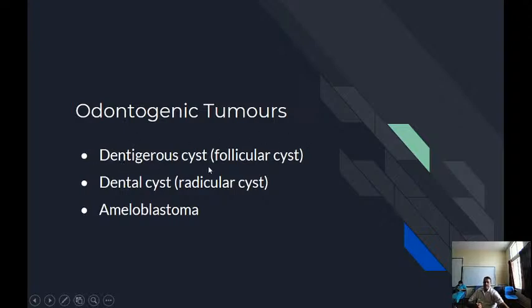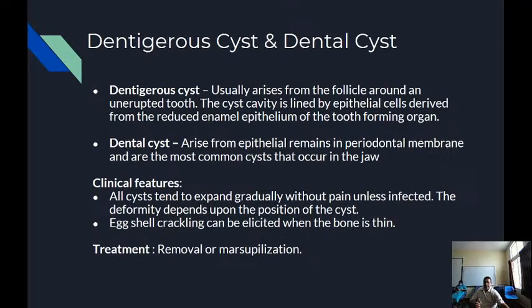This is usually arising out of the non-erupted tooth, the follicles around that, and it is slowly enlarging, and it makes the bone very thin, and you have this eggshell crackling kind of sensation when you press on them. So these are called the dentigerous cysts.